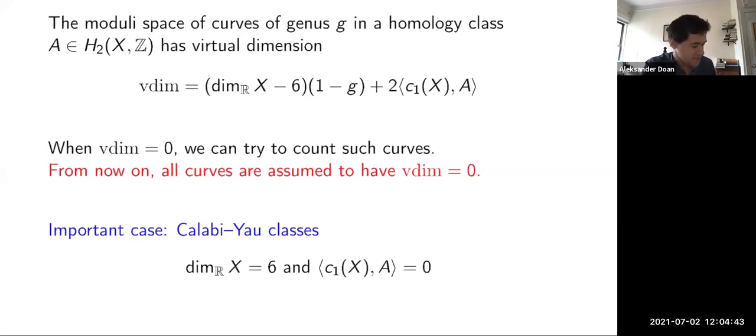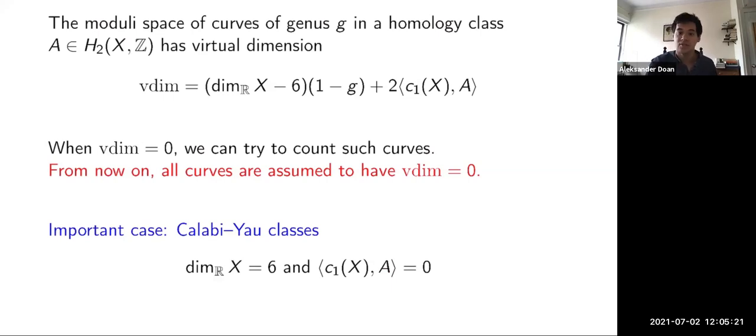And here is an important case. The main case of interest: if the real dimension of your manifold is 6, then something interesting happens, that in this formula, the virtual dimension does not depend on the genus of the curve. It only depends on the homology class. So for example, if you have a homology class such that c1, the first Chern class, pairs to 0 with this homology class, then the virtual dimension of the moduli space of curves in that homology class is 0 for any genus.